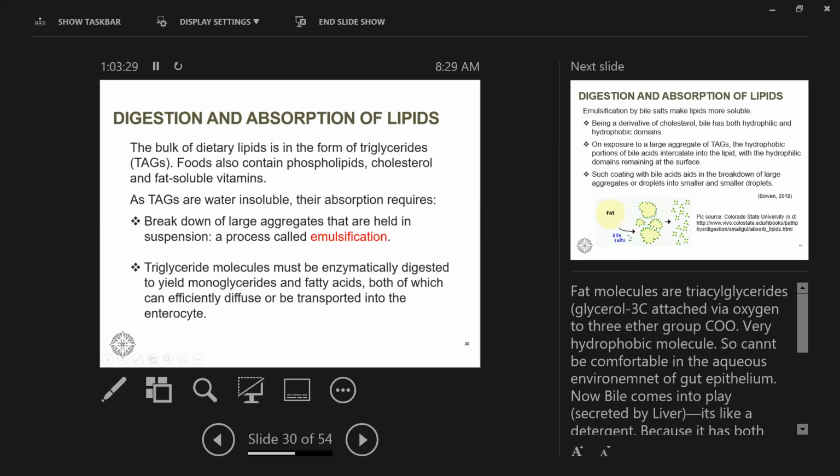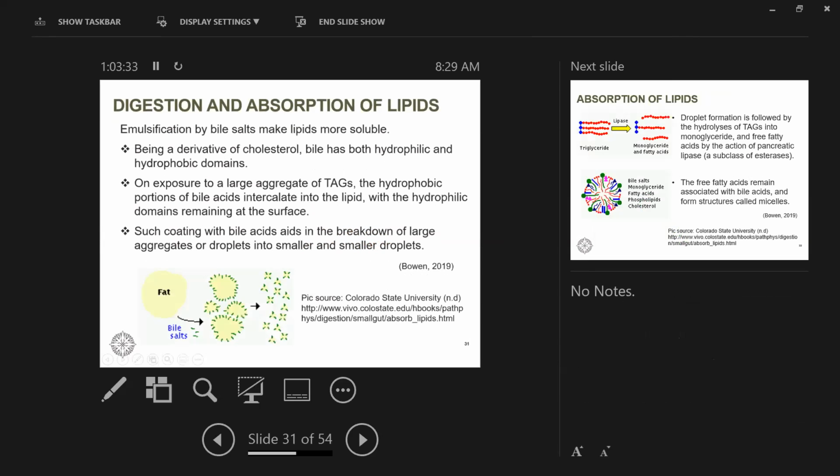And this is done with the help of emulsification, which is carried out by bile acids. So on exposure to a large aggregate of TAGs, the hydrophobic portion of bile acid intercalates into the lipid, with hydrophilic domains remaining at the surface.